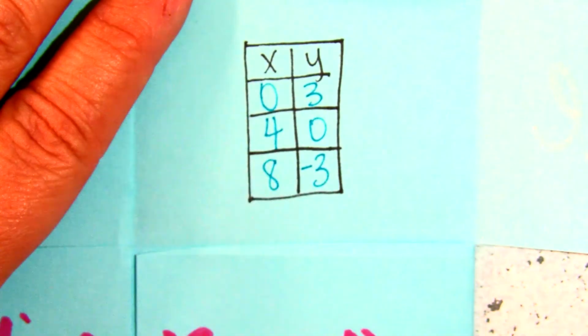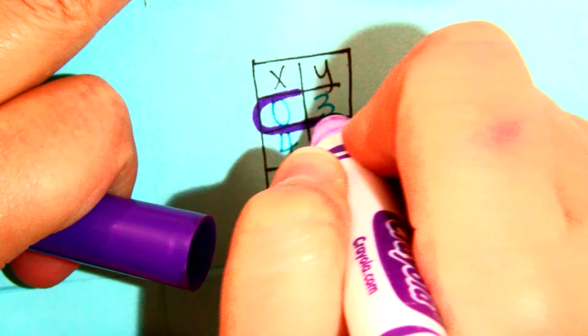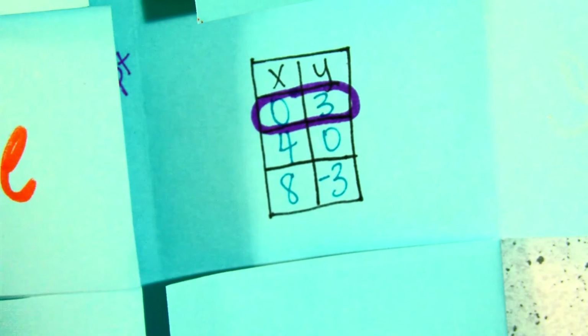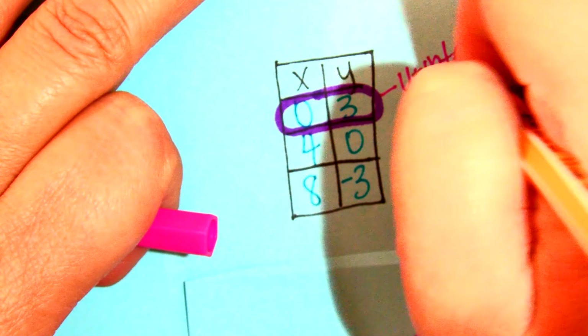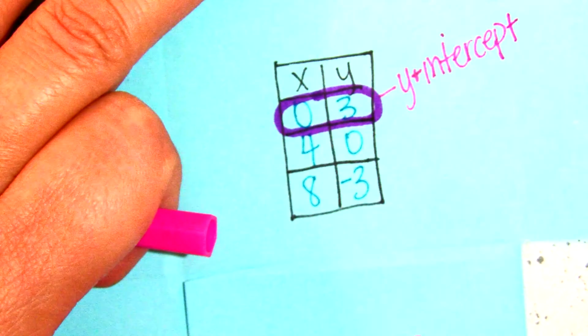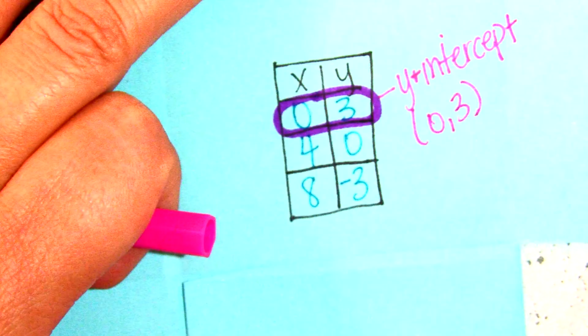And so we see x is 0 right here. So this would be my y-intercept. Okay, so my y-intercept is 0, 3.